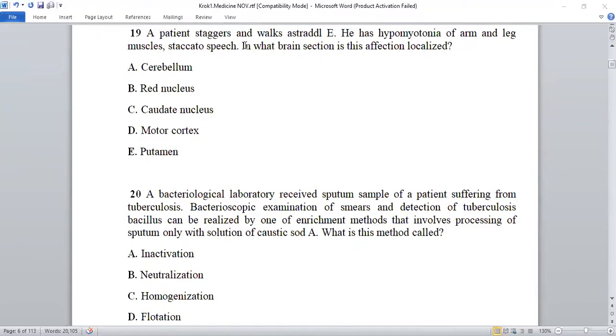Now, in our brain, the other relay center for coordination of muscle activity is the cerebellum. So the cerebellum is the one that communicates with the cerebrum and our basal ganglia. And it tells our cerebrum and basal ganglia whether that muscle has contracted. This muscle is relaxed at this moment, so let's contract it, and stuff like that.